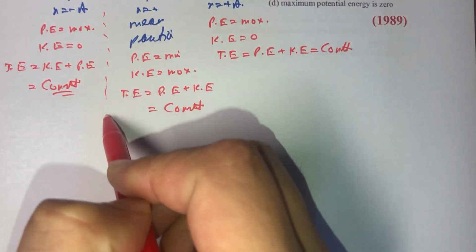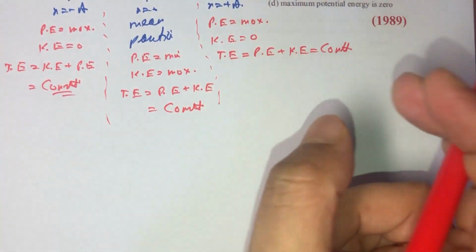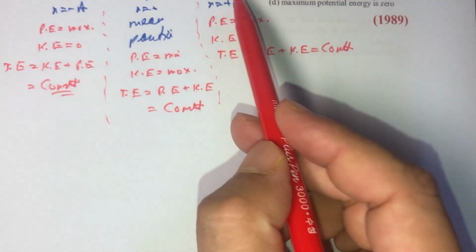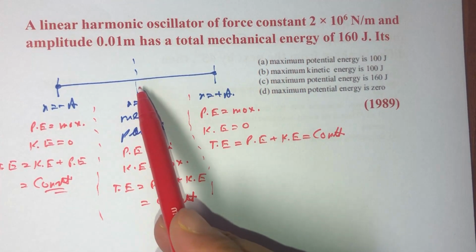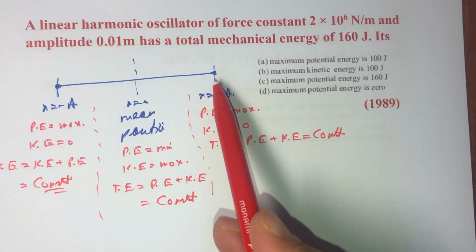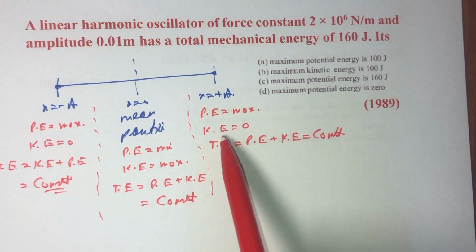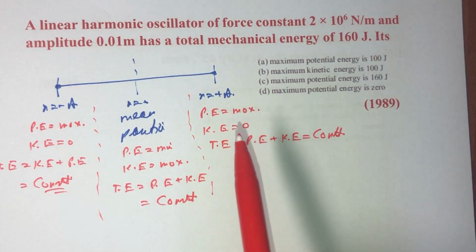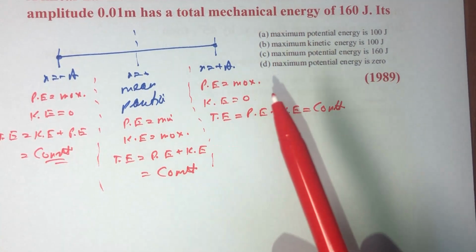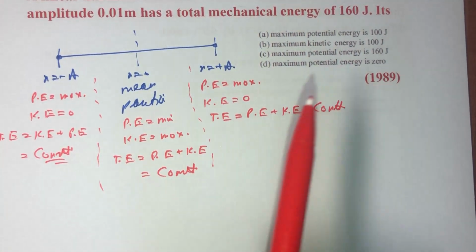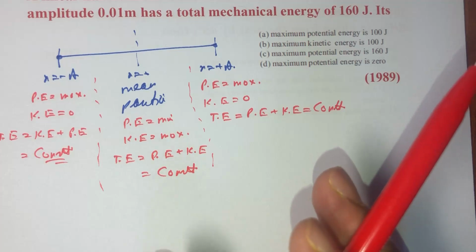The moment the oscillation reaches the extreme position, it has to restore back to its mean position, so for a fraction of a second the velocity becomes 0. Whereas at the mean position, in general what we study is that the potential energy is equal to 0.